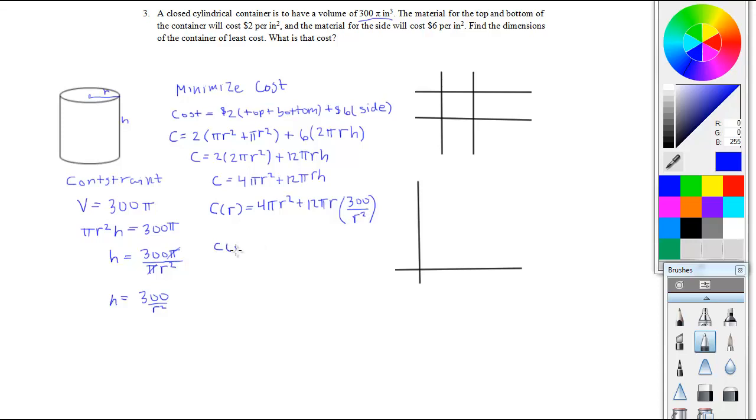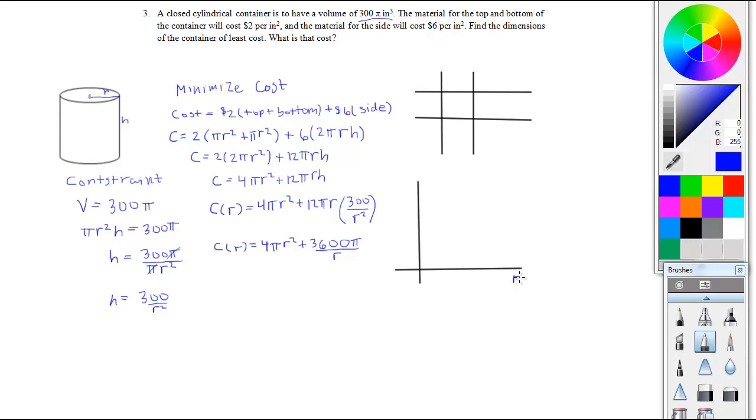So the cost as a function of the radius simplifies to 4 pi r squared plus, 300 times 12 is 3600 pi over just r, because this r and the r squared cancel. Alright, so this is the function that we want to minimize, and we want to graph it here.